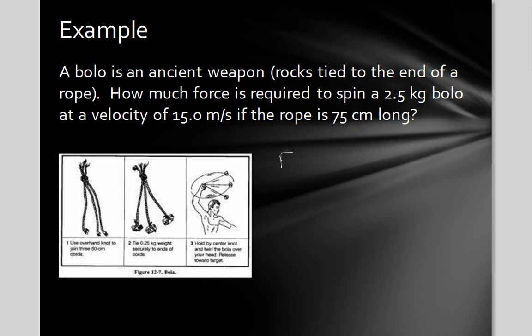So from previous slides, we know that the centripetal force is equal to mv squared over r. Now, if you look at the information given, we essentially have everything that we need to solve for the centripetal force.